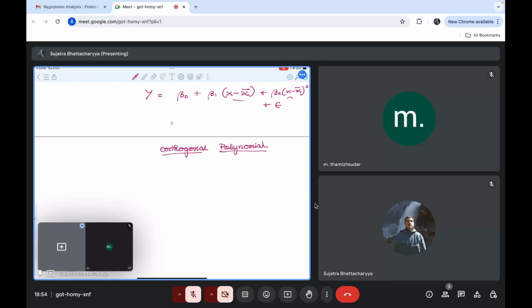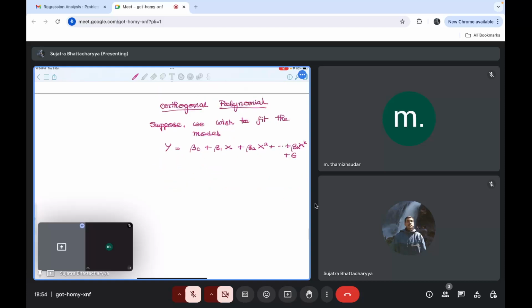Suppose we wish to fit the model y is equal to beta naught plus beta 1 x plus beta 2 x square and so on up to beta k x to the power k plus epsilon.